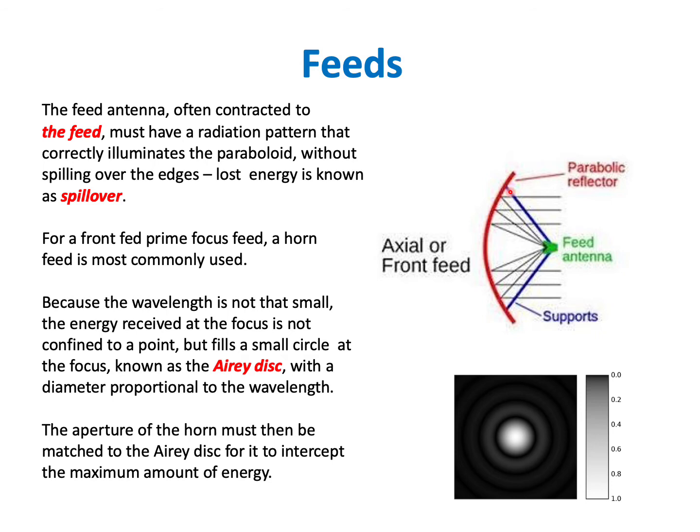If it's not illuminating the dish fully, we end up with spillover. That is light that we're losing because it's bouncing off of our main parabolic reflector and it's missing the feed, or it's hitting a bit of the feed because the feed isn't viewing the whole dish.